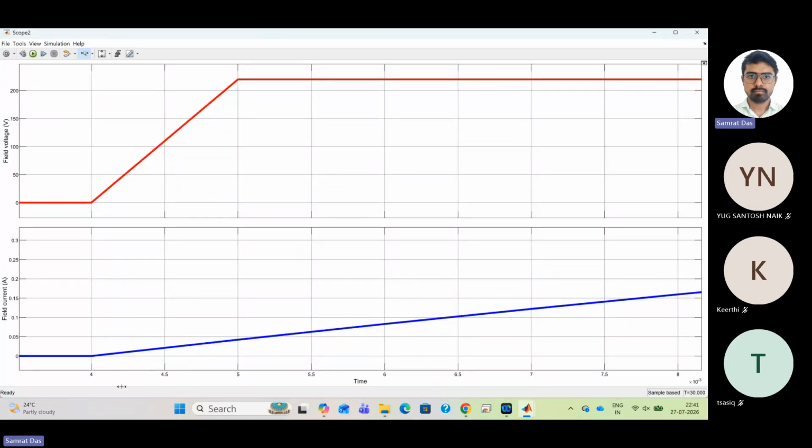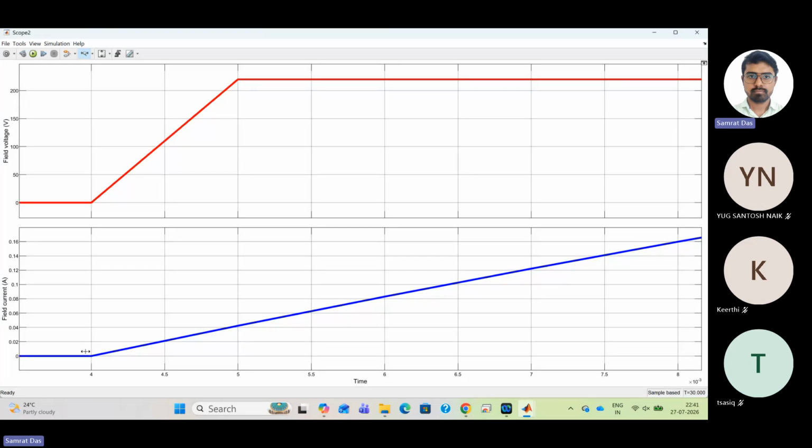Yeah. So again, this is 4 millisecond, 4.5 nothing is happening, 5 millisecond, 6 millisecond, 7 millisecond. These are the instances where some solution is being done.